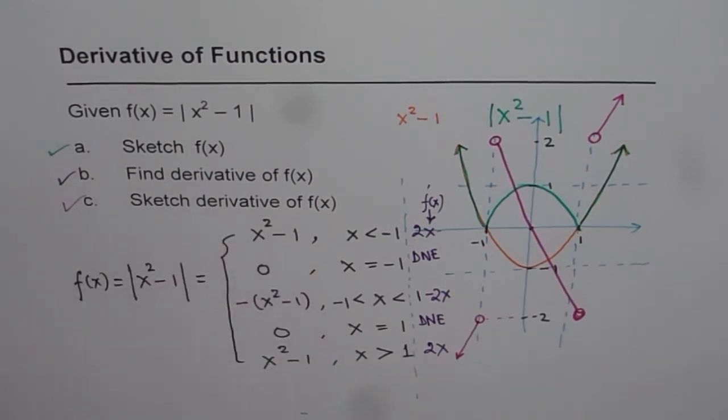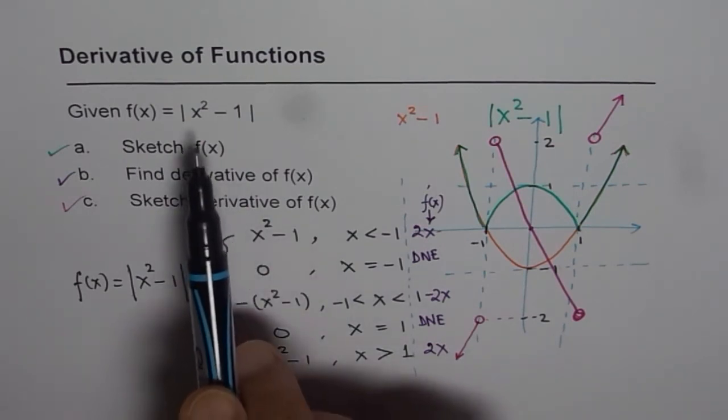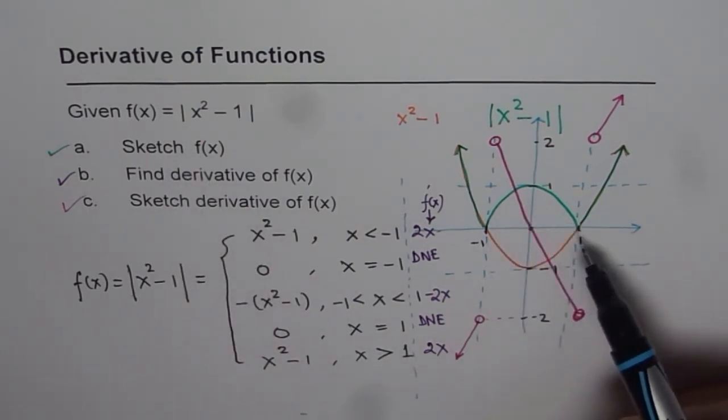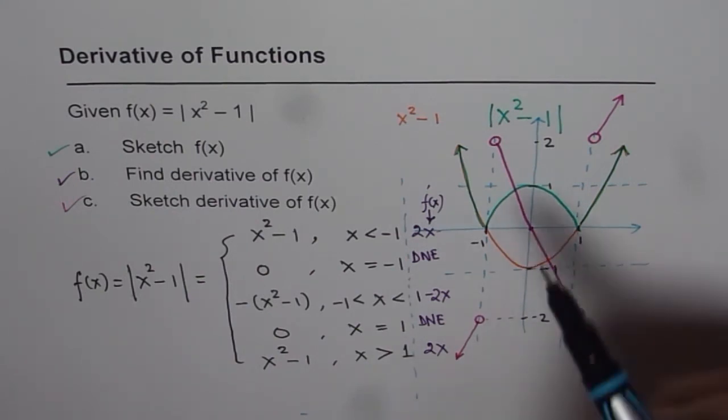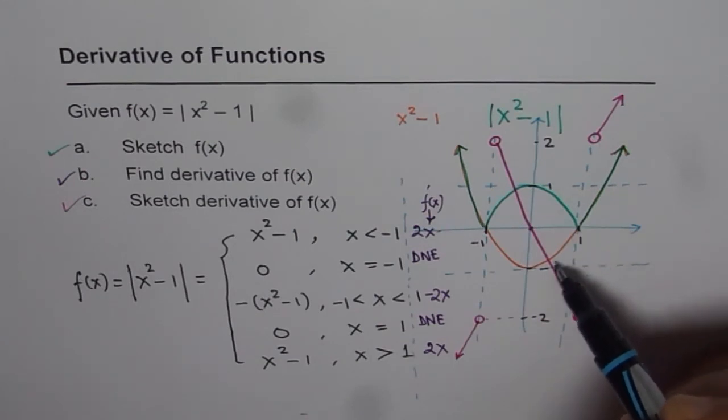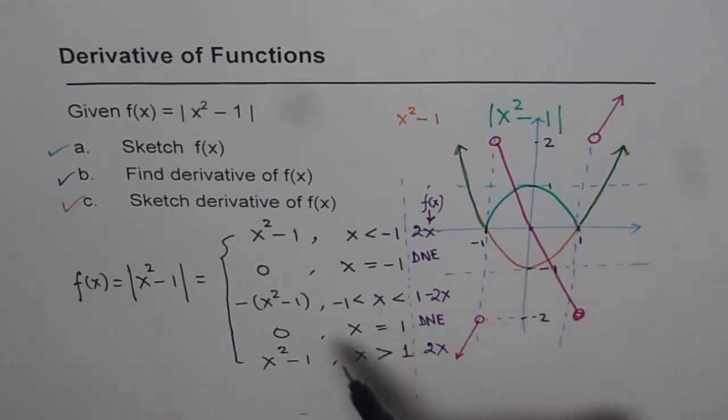So that is how we can sketch the derivative. Go through small steps as we went here, right? The function was the absolute value of x squared minus 1. We started with x squared minus 1, and the absolute value was superimposed on it, a function of a function. So we made it positive, reflecting on the x-axis for the negative half. And then we defined a piecewise function equivalent to the given function.